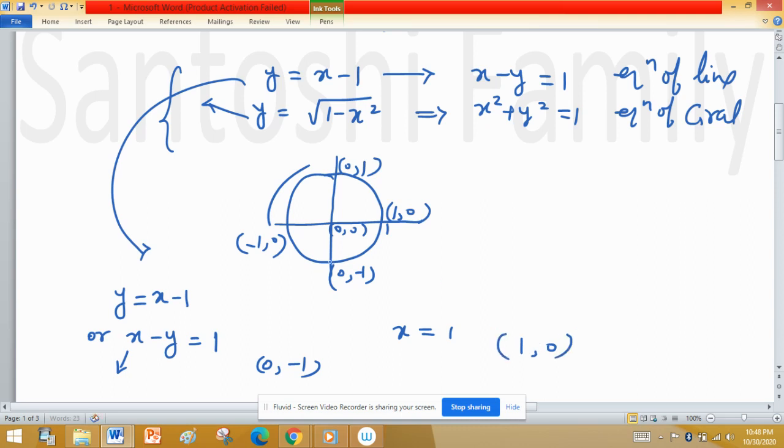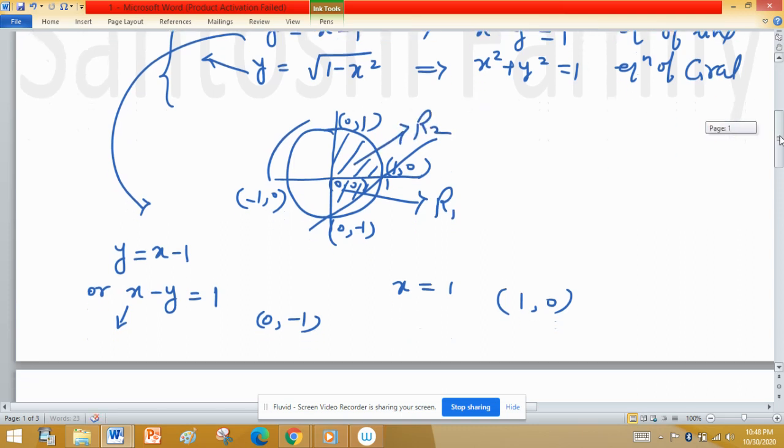So join these two points. The line is like this. Now our region of integration is this quarter part of the circle and this region also. I call this region R1 and this R2.